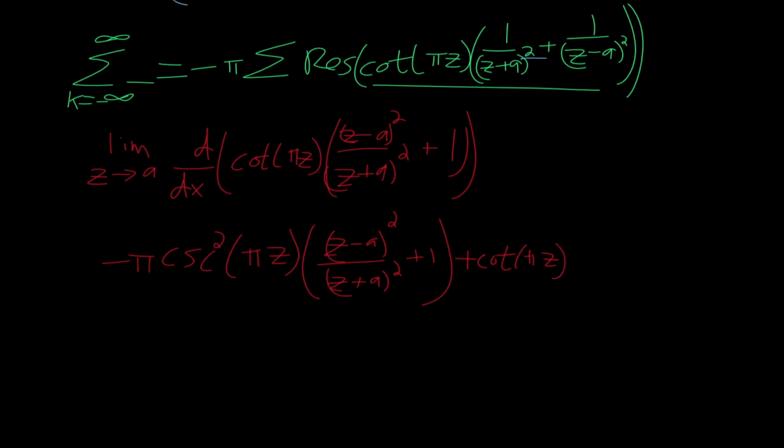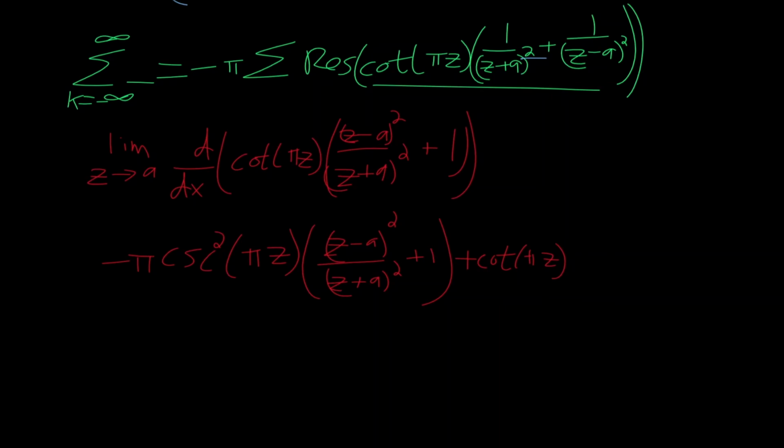Well, what exactly is the derivative of this right here? Well, the derivative of a constant, the 1, doesn't matter. It's just going to be 0 anyways. So we just have to focus on the derivative of that whole thing right there. And if you remember the quotient rule, it's low d high minus high d low, square the one that's down below. You see that if we plug in a, the numerator right here is z minus a squared, and if we plug in a there, it's just going to be 0.